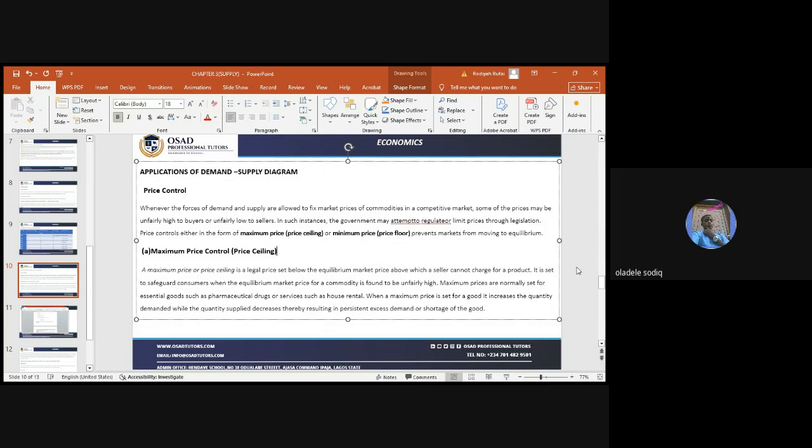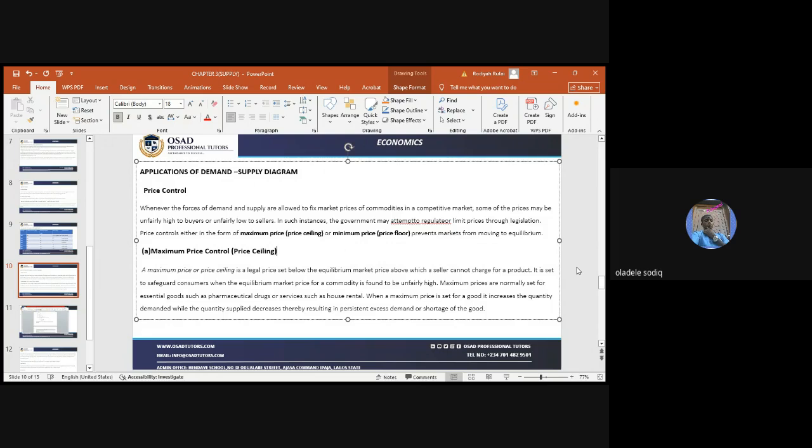The two of you are selling petrol now. Me as the government, I will say 1 liter of petrol must not go beyond 500 naira per liter. That 500 naira that I set as the government, my price ceiling, is the maximum.